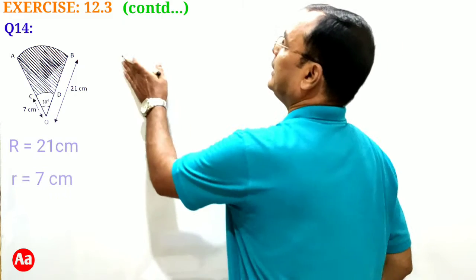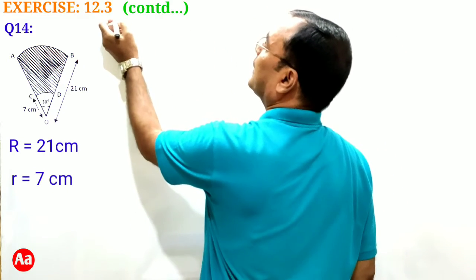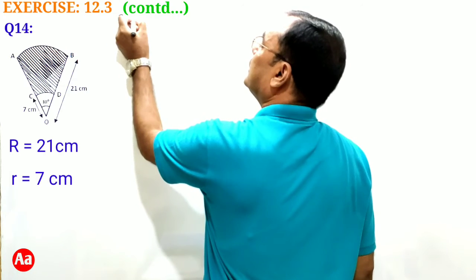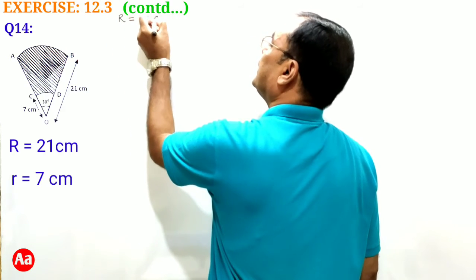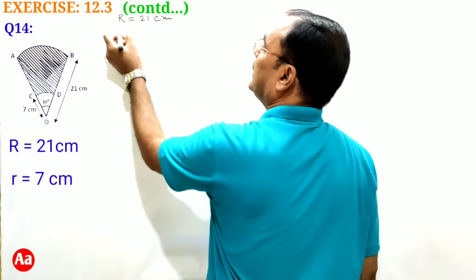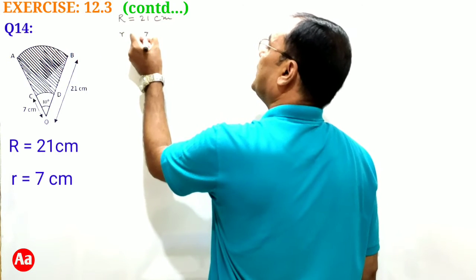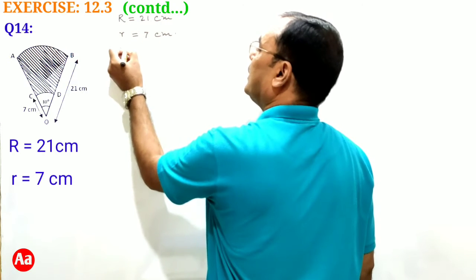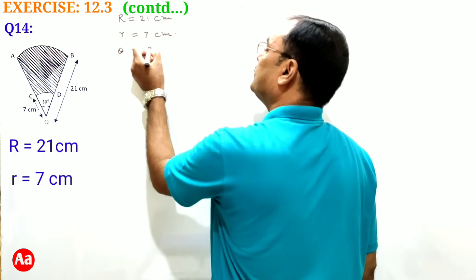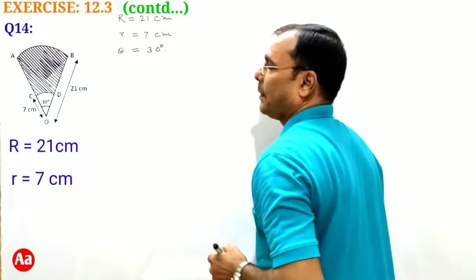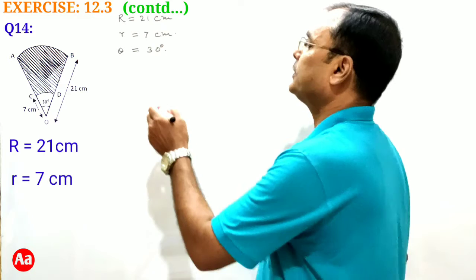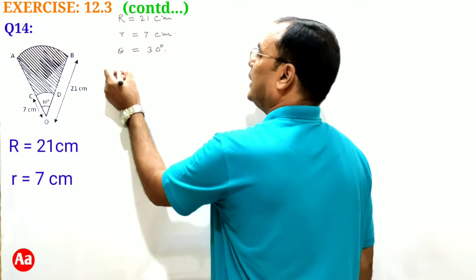So radii of two concentric circles are 21 centimeter and 7 centimeter. Sector angle theta is given 30 degrees. We have to find area of the shaded region. It's a very simple question. Directly we can do.